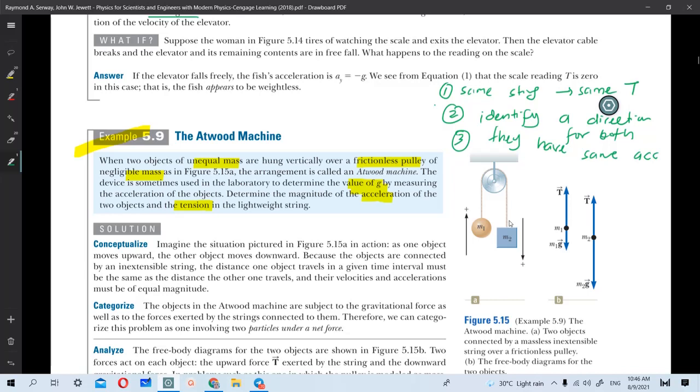So as long as the two objects are connected, then they have the same acceleration. Alright, identify the acceleration for both.